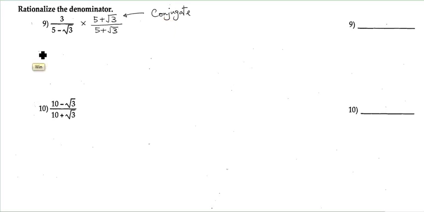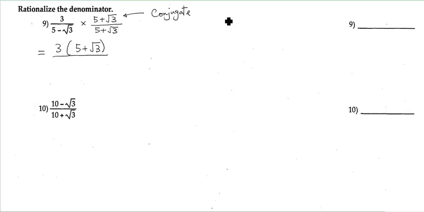So let's see what happened. On the top, I have 3 times 5 plus radical 3 over, in the bottom, what would that become?